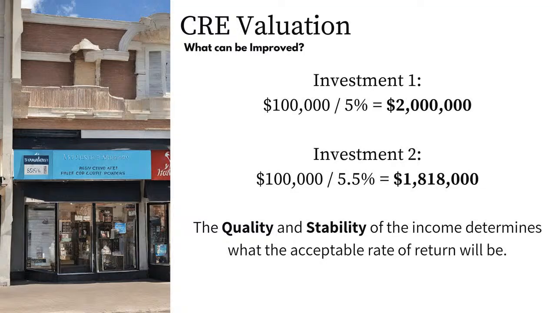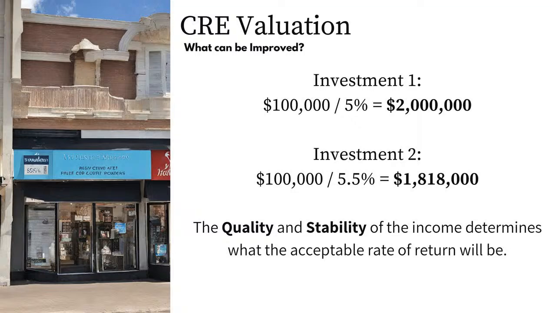Now, in one case, it might be a riskier $100,000. Maybe the lease terms are a bit shorter. Maybe the quality and stability of those in different ways are less. So in one case, an acceptable return would be a 5.5% cap rate, right?